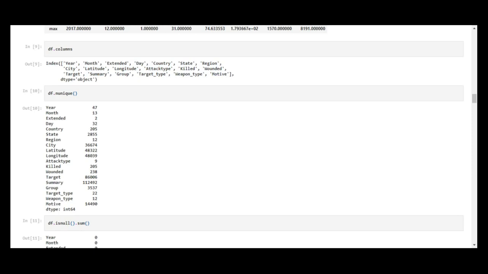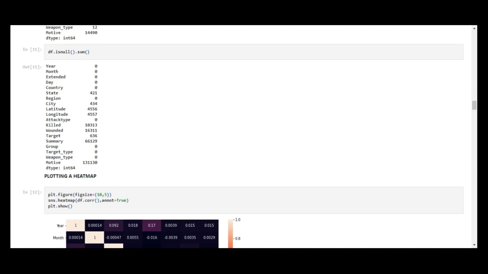In order to obtain unique values from the dataset, I have used the df.nunique function. The unique values for all the variables have been listed below. The isnull().sum function has detected and returned the number of missing values in the dataset.